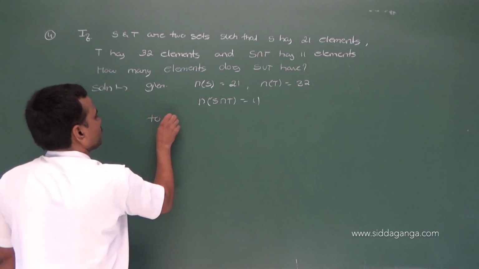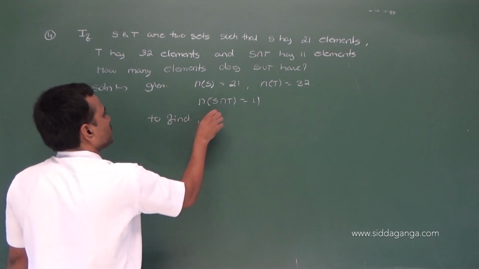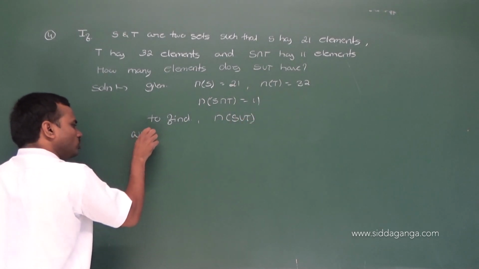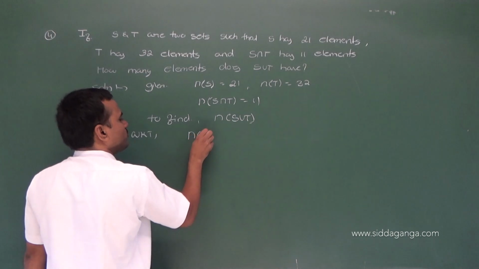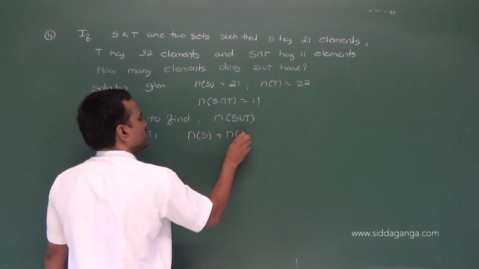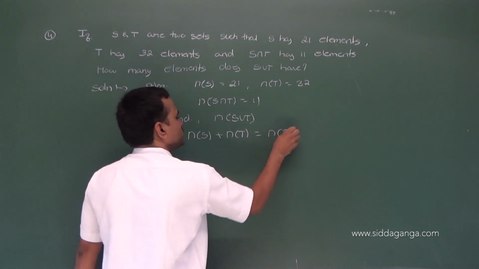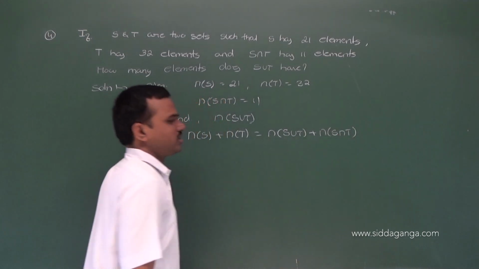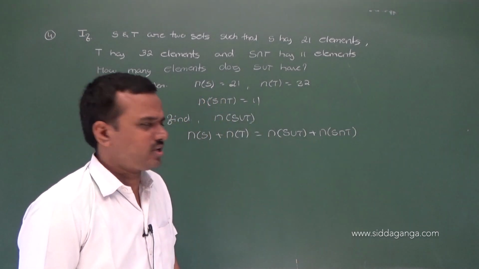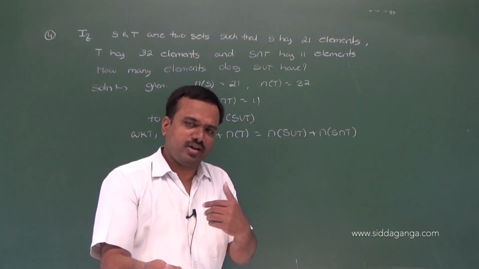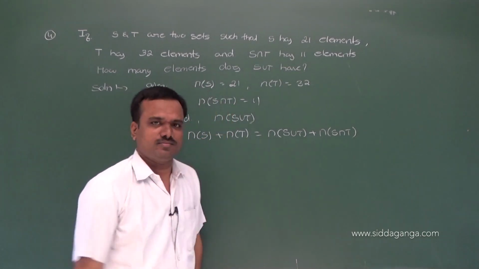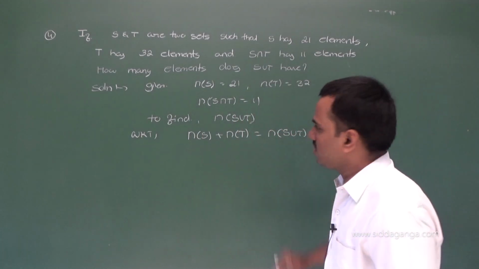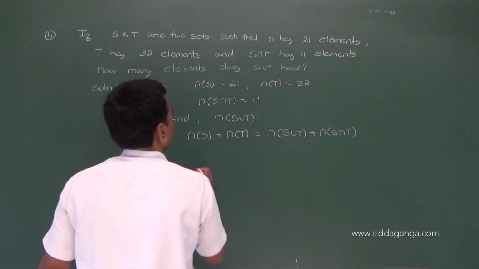To find N of S union T, we know that N of S plus N of T is equal to N of S union T plus N of S intersection T. Correct? Instead of A and B, I take S and T. Substitute all the values.